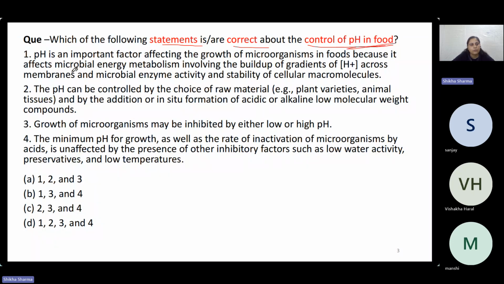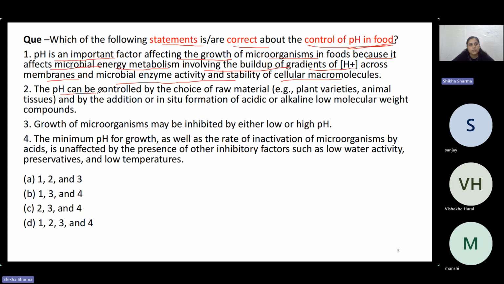So we have four statements. pH is an important factor affecting the growth of microorganisms in food because it affects microbial energy metabolism involving the buildup of gradient of H plus ions across the membrane, and microbial enzyme activity and stability of cellular macromolecules.